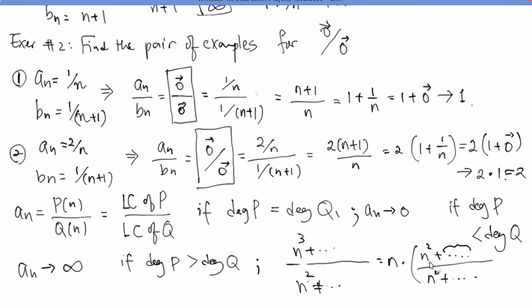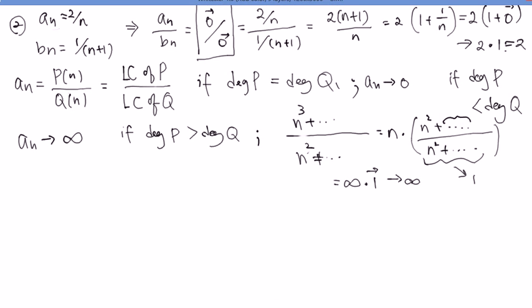Because of the same degree now, they approach 1. Inside here, they approach 1, while n approaches infinity. So this is infinity times something approaching 1. That is approaching infinity. There are many different ways to argue this one. But I can assume that you can handle this one. Polynomial divided by polynomial, you can do that really quickly now, right?